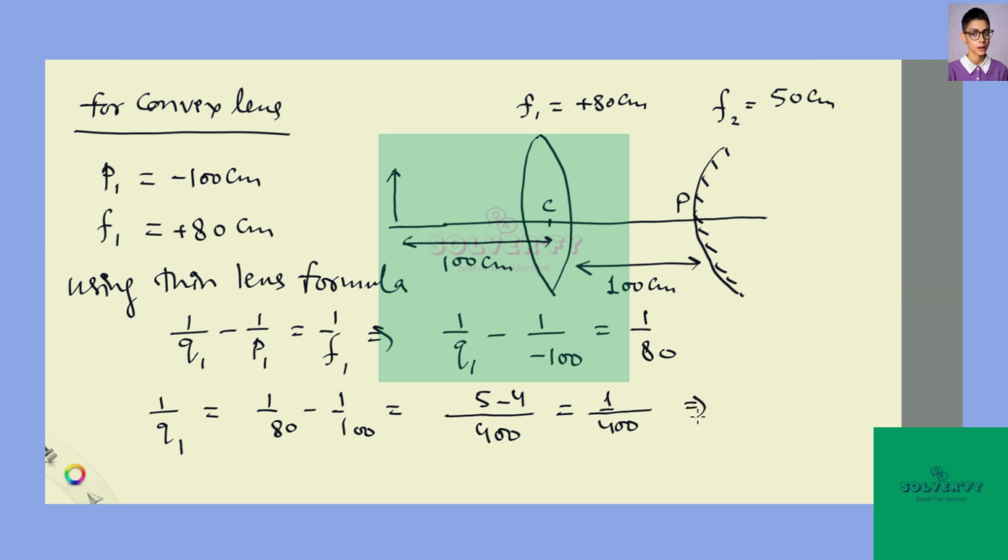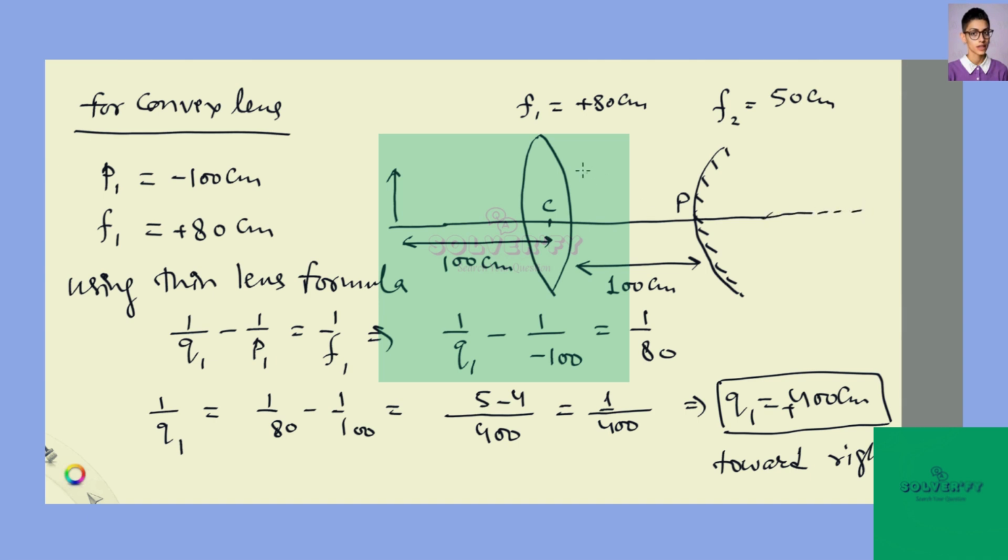So finally, the distance of the image formed by this convex lens is 400 centimeter. Having a positive sign means it is towards the right side of the lens, somewhere here at a distance of 400 centimeter.